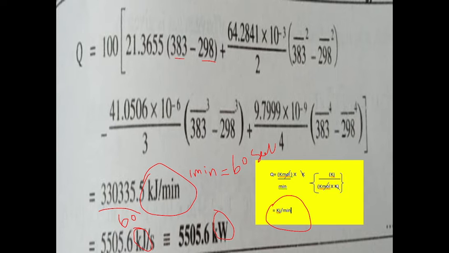Finally we get this value in kilojoule per second. So 1 kilojoule per second is equal to, what is that? 1 kilowatt. So after dividing by 60, finally we get 5505.6 kilojoule per second. 1 kilojoule per second is equal to 1 kilowatt. Finally we get 5505.6 kilowatt. Are you clear or not? Okay.